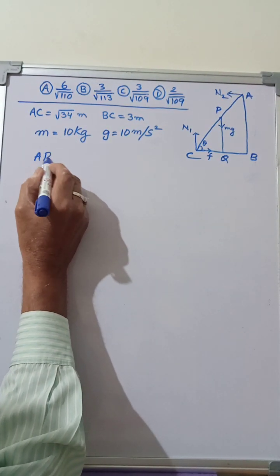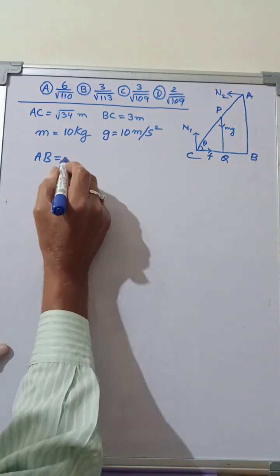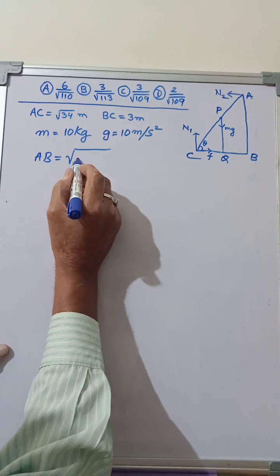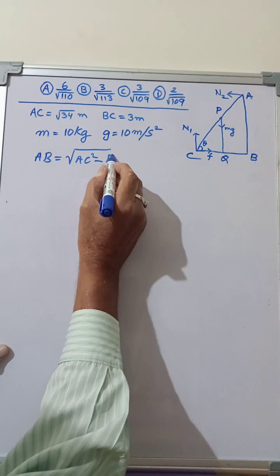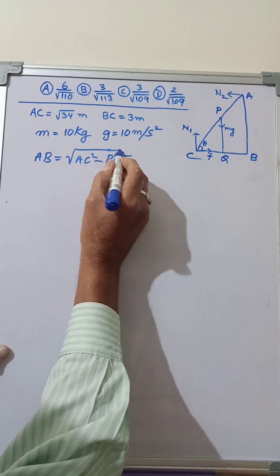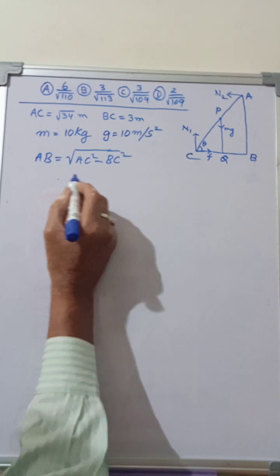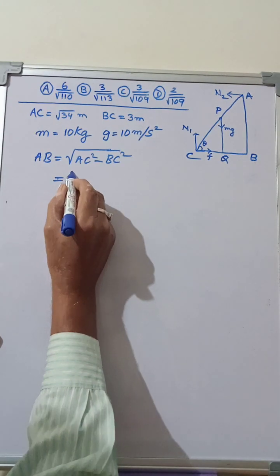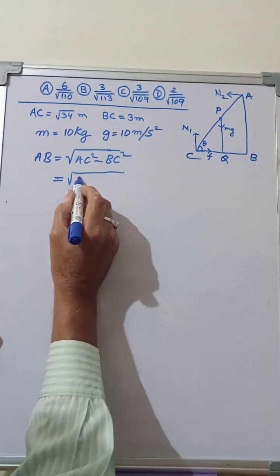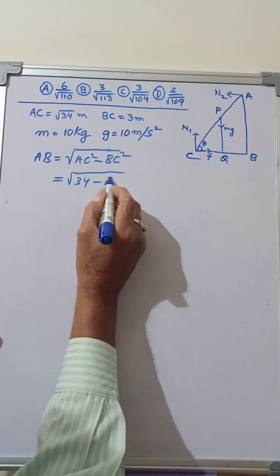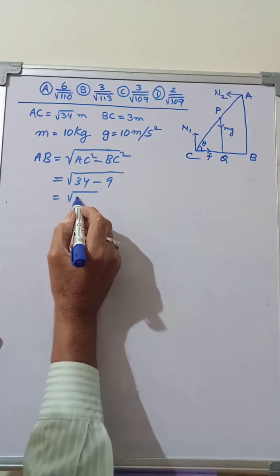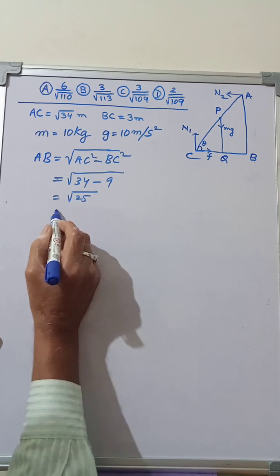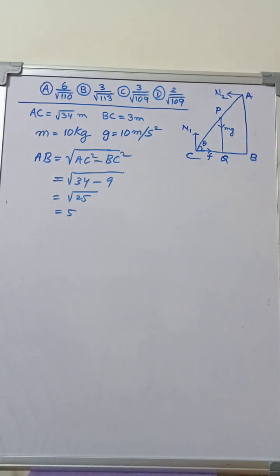AB is equal to root over AC square minus BC square, which is root over 34 minus 9, which is root over 25, which is equal to 5.